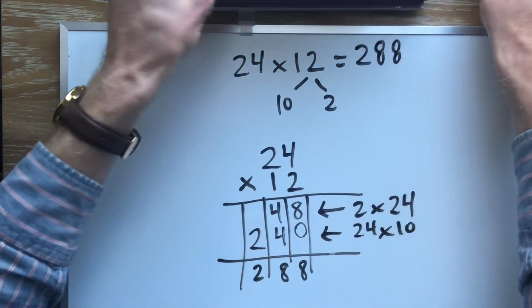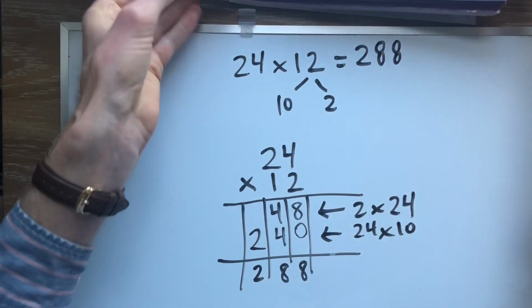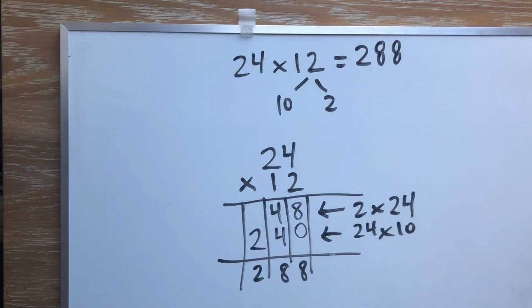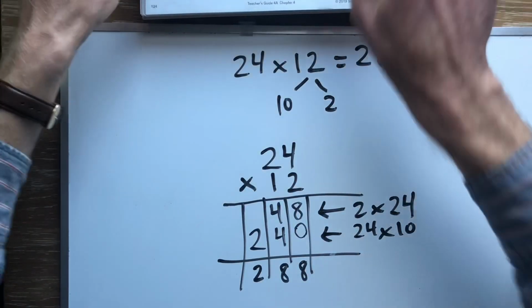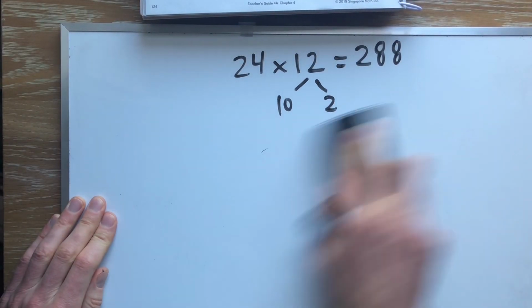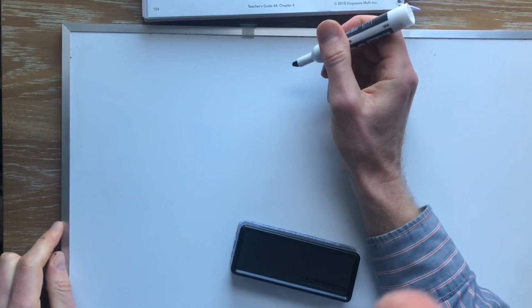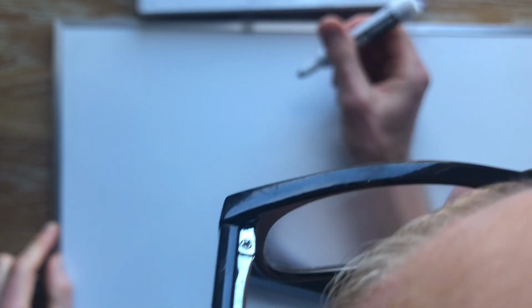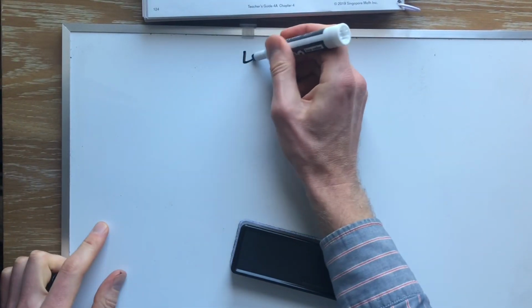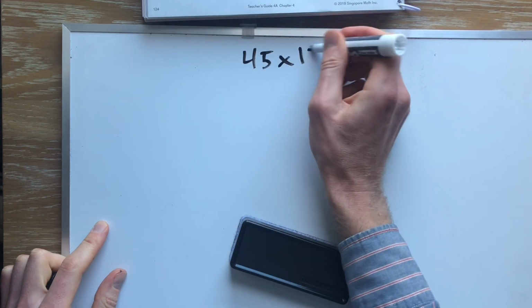Let's do another one that's going to be a little bit more challenging because we might have some answers spilling over. Okay? Let's try a big one, let's say 45 times 17.